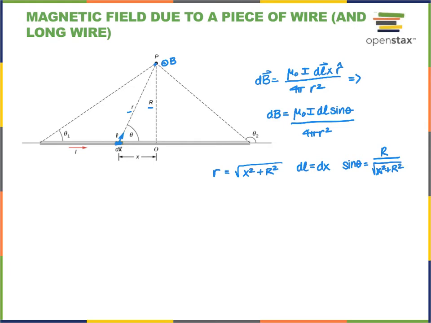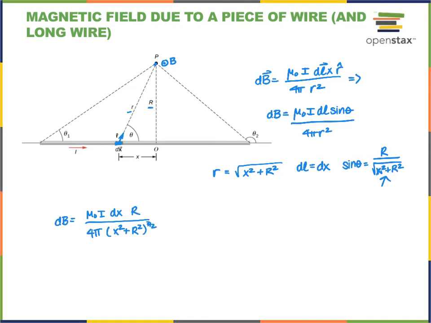So if I substitute that into my expression for dB, I get mu naught I dx times R over 4 pi, and then the r squared from the sine of theta is going to give me x squared plus R squared raised to the 3/2.